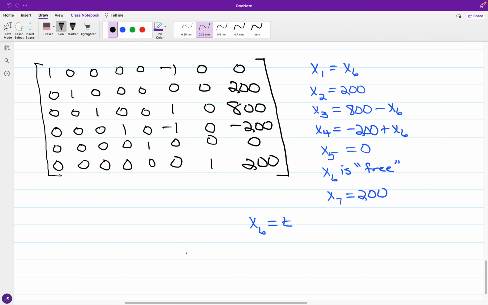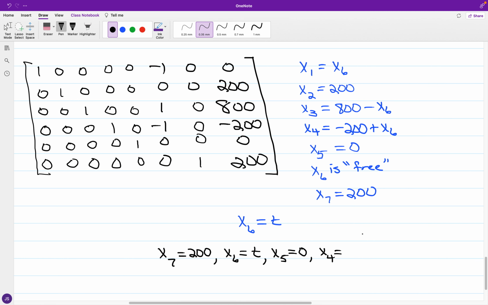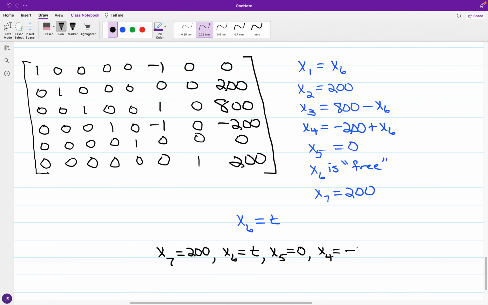And just looking at what we have, again we have x of 7 is equal to 200. X of 6 is equal to t. X of 5 is negligible. X of 4, we have negative 200 plus x of 6, so that will be negative 200 plus t.